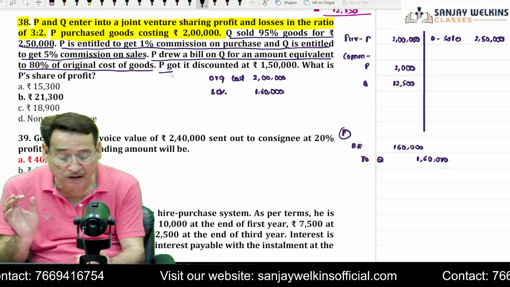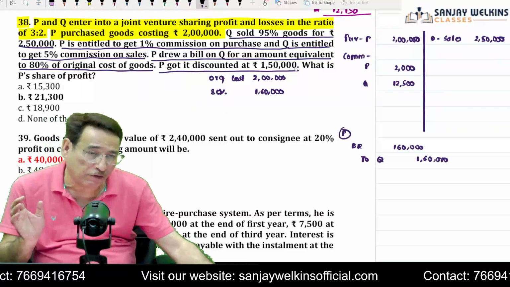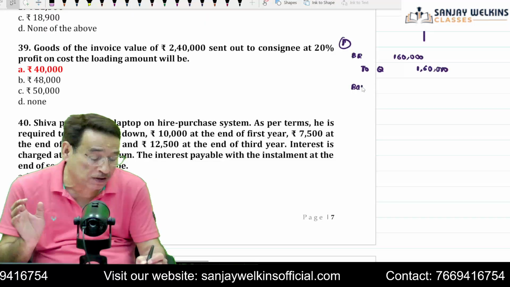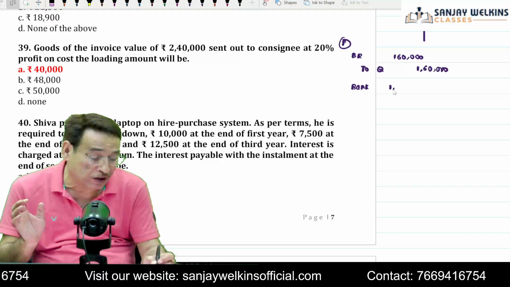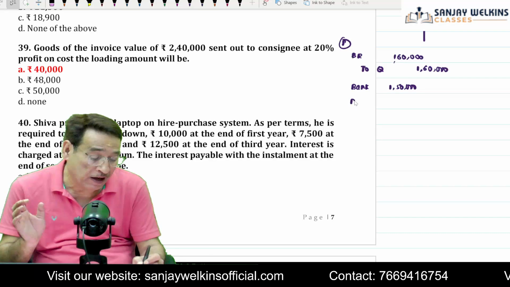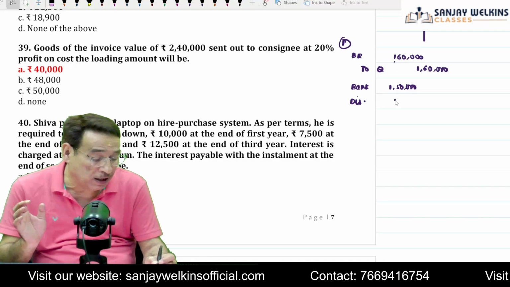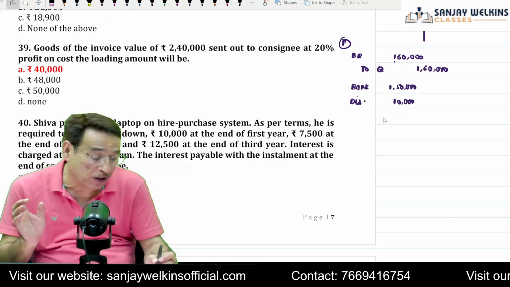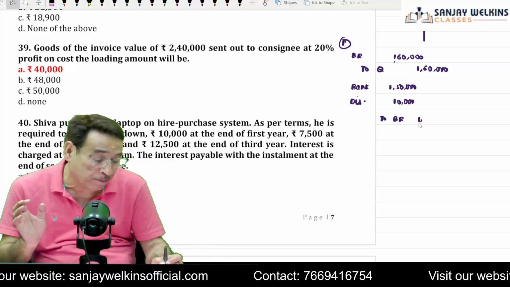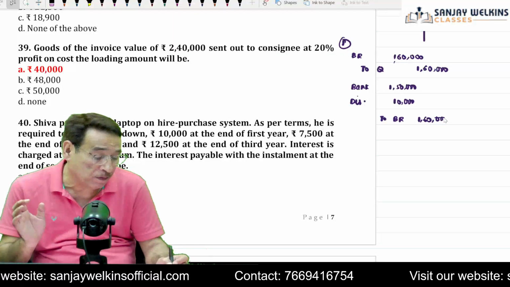And further it is given he got the bill discounted for 1,50,000. When we get the bill discounted, we will receive 1,50,000, and I will write here discount account, that is equal to 10,000. And this bill will go to the bank from whom we are discounting the bill, 1,60,000.